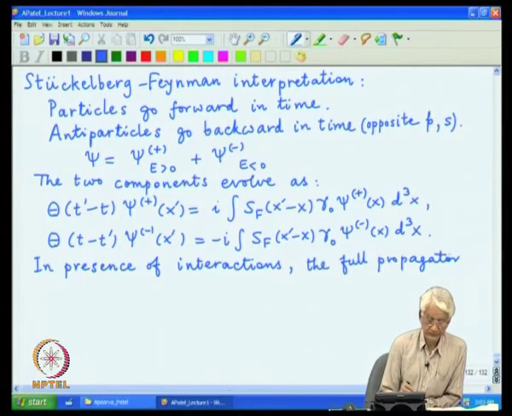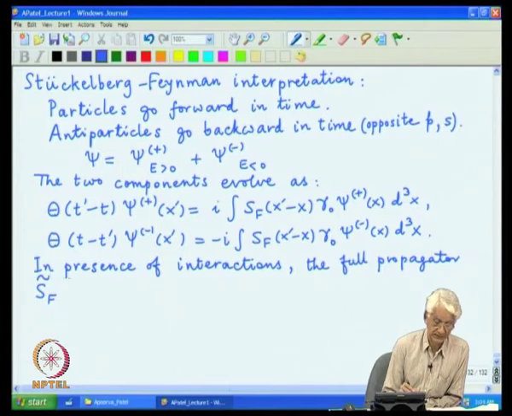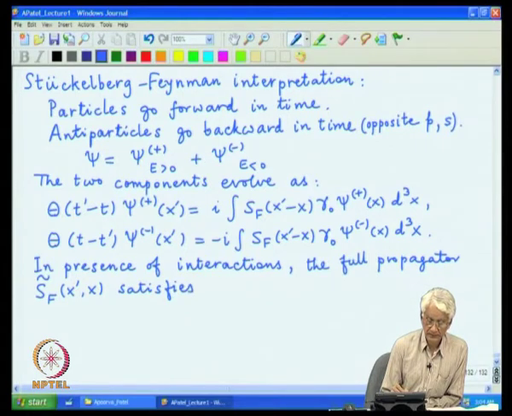The full propagator, which I am going to denote by S_F with a tilde on top, satisfies the equation which is the free part unchanged, but now it is acting on this full propagator.